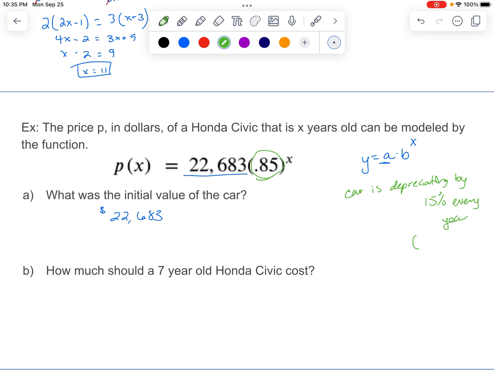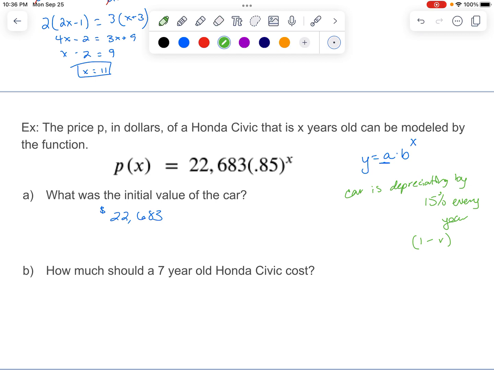So remember, this is 1 minus that rate. And so that rate is that 15%. You could also go the other direction and have it as 1 plus r, depending on what you're dealing with. In this case, we have depreciation, so it's going to be 1 minus. But just something to think about when you're looking at the whole equation. What do each of these numbers mean?